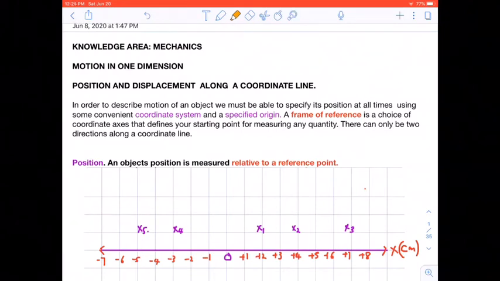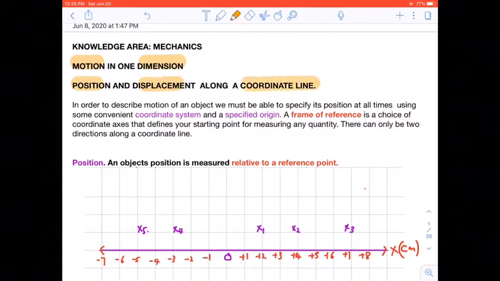We're dealing with the knowledge area mechanics, and we're looking at motion in one dimension. And we're going to look at position and displacement along a coordinate line.